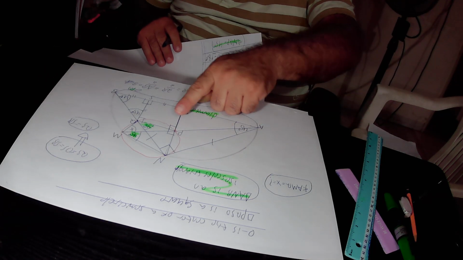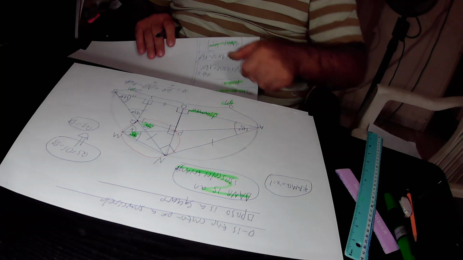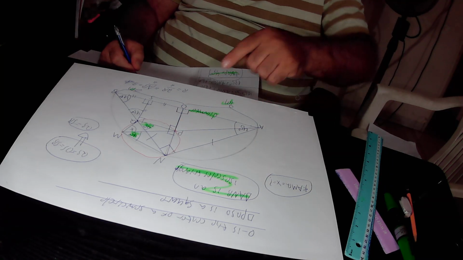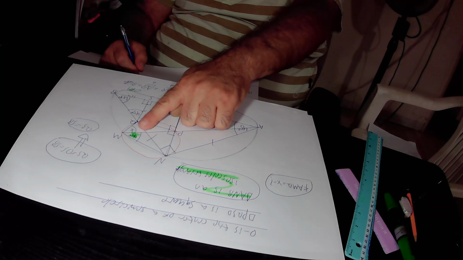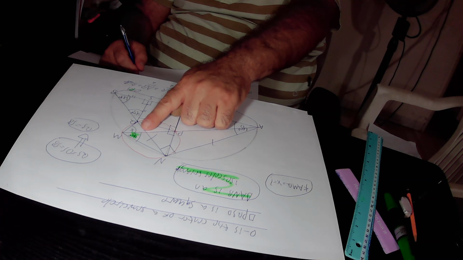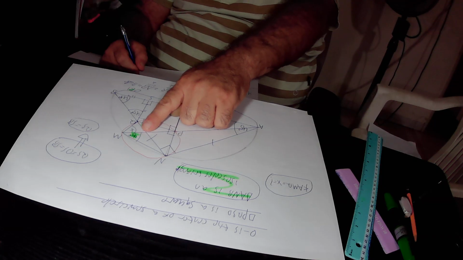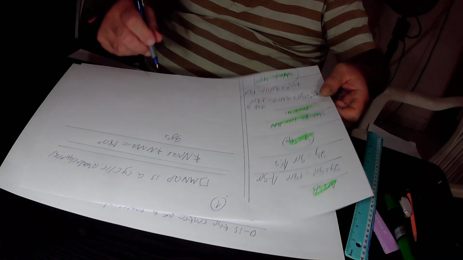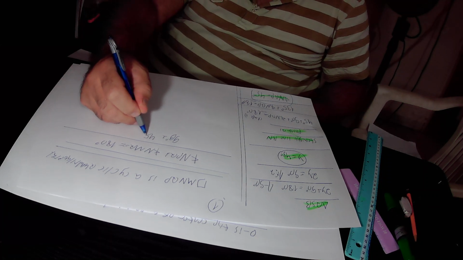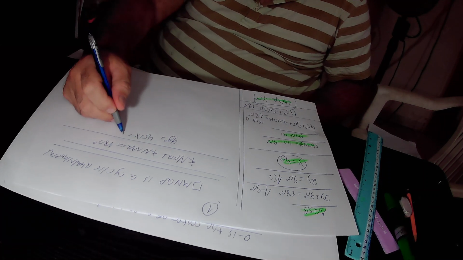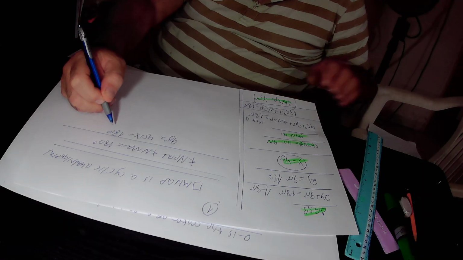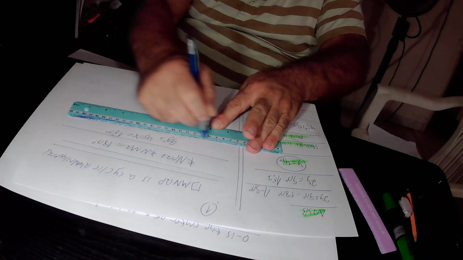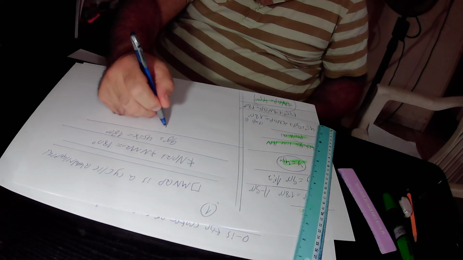Angle NPQ is a right angle, 90 degrees, plus this is angle NMQ. In total, angle NMQ equals 45 degrees plus x, and it equals 180 degrees. 90 degrees plus 45 degrees is 135 degrees.